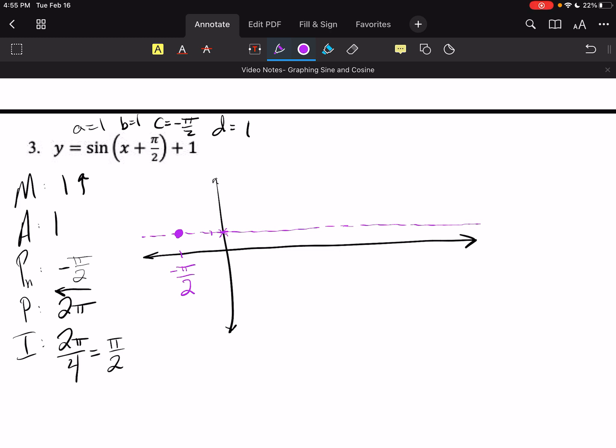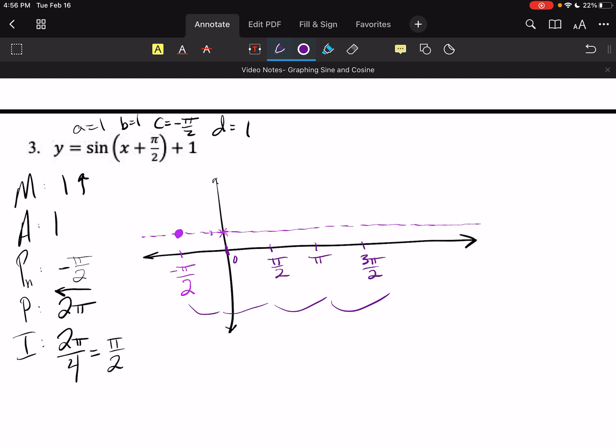And I'm moving by my interval pi/2. So pi/2 to the right would be 0, +pi/2, 2 pi/2, which would be pi, and then one more, right? 1, 2, 3, 4 would put me at 3 pi over 2. Now I just got to figure out my amplitude, and I can kind of just work my pattern. So amplitude is 1.